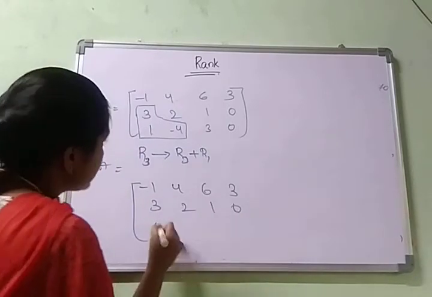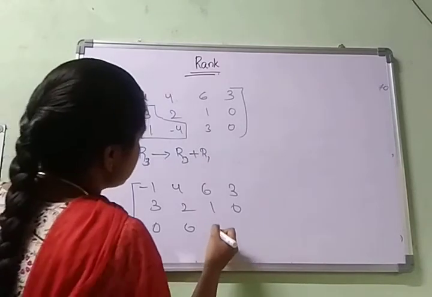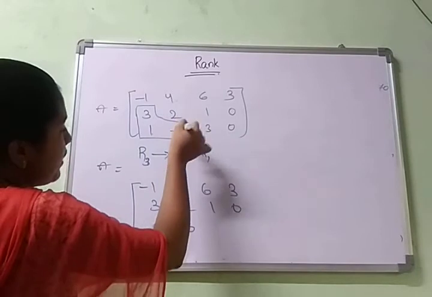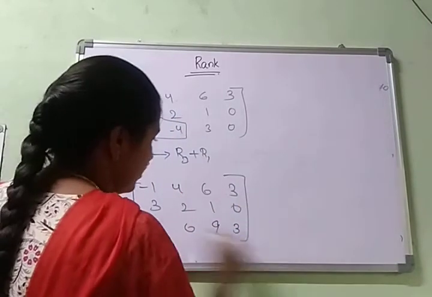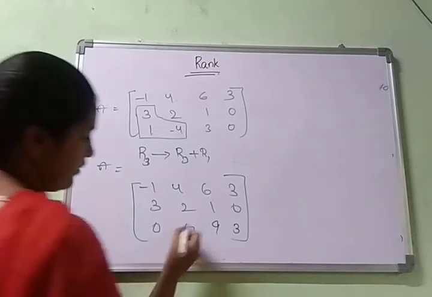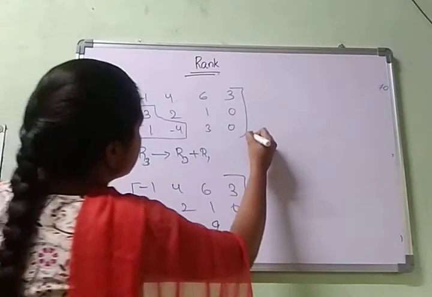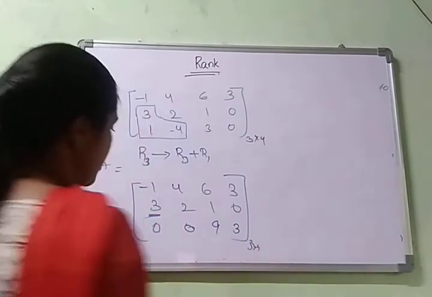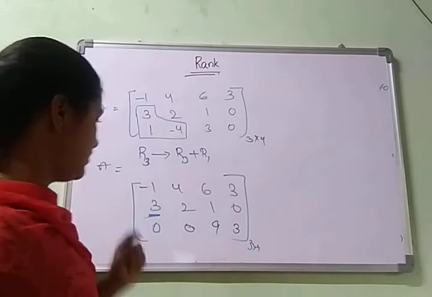Here minus 1 plus 1 is 0, 4 minus 4 is 0, 6 plus 3 gives 9, and 3 plus 0 gives 3. So we got these two zeros and we need to get one more. This is a 3 into 4 matrix, don't forget that.